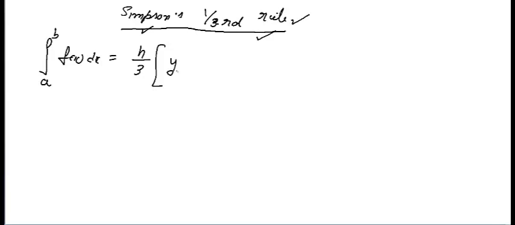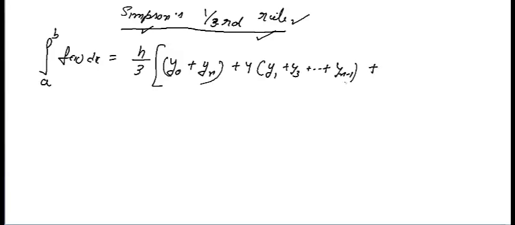Here you have y0, the starting value of y, and yn, plus 4 times all the odd values of y, odd values meaning y1 plus y3 and so on up to y(n-1), plus 2 times all the even values y2, y4 and so on. So this is the basic formula of the Simpson one-third rule.